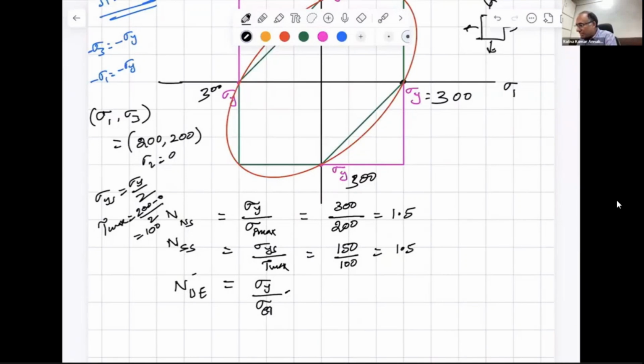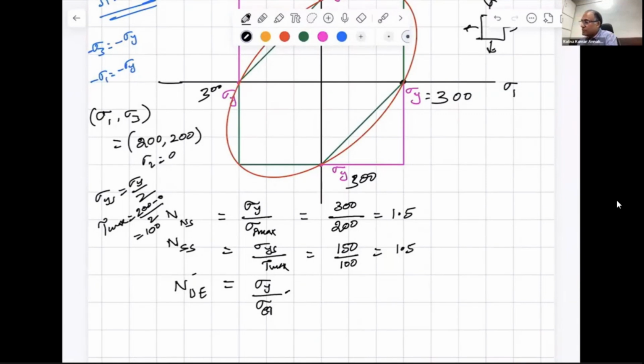How about distortion energy theory? Sigma y is 300. We have to calculate the equivalent stress. Square root of 200 square plus 0 square plus 100 square minus 0 minus 0 minus 200 into 100.